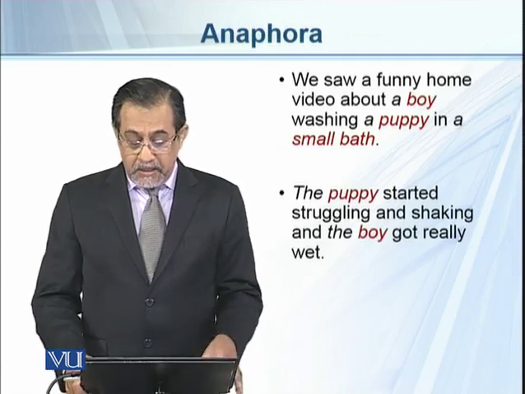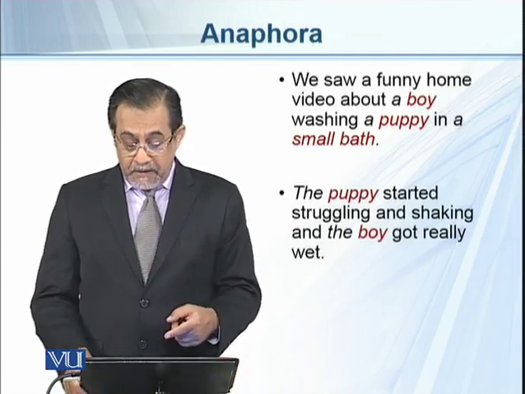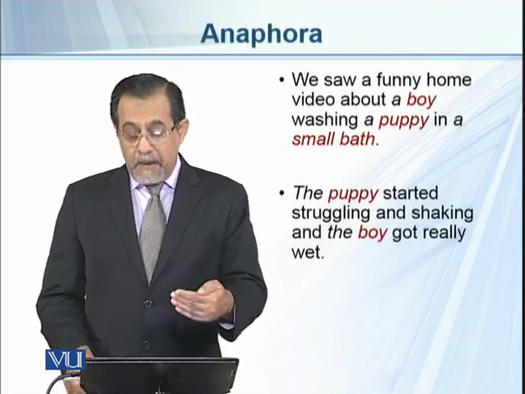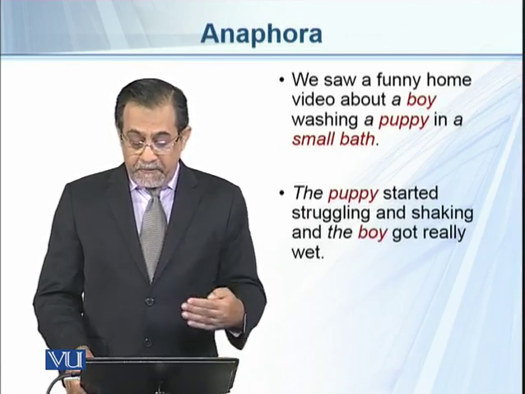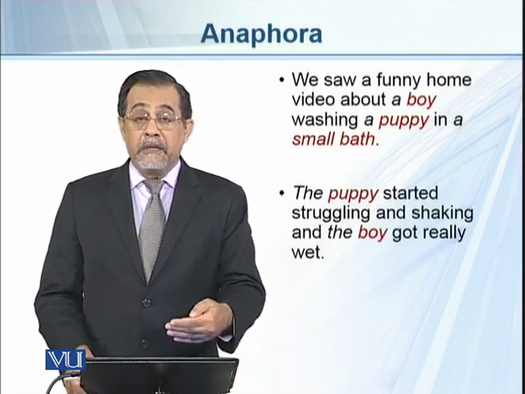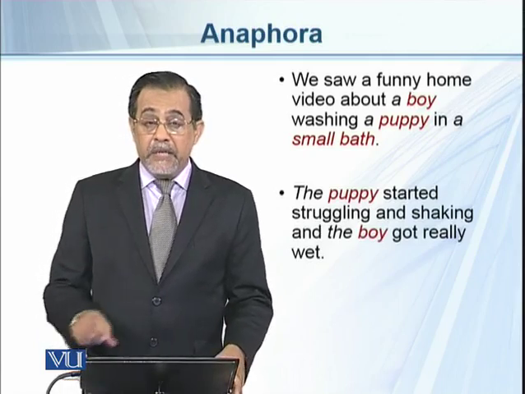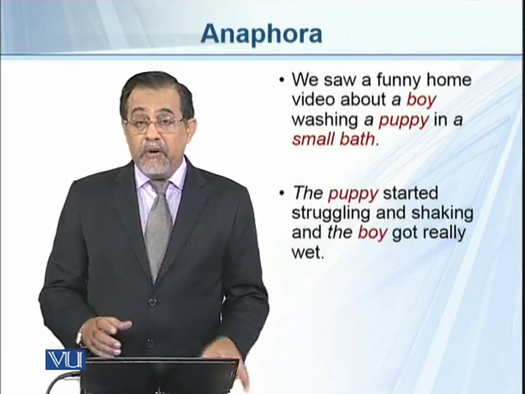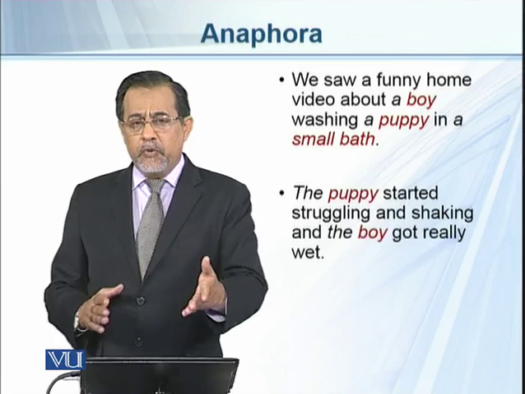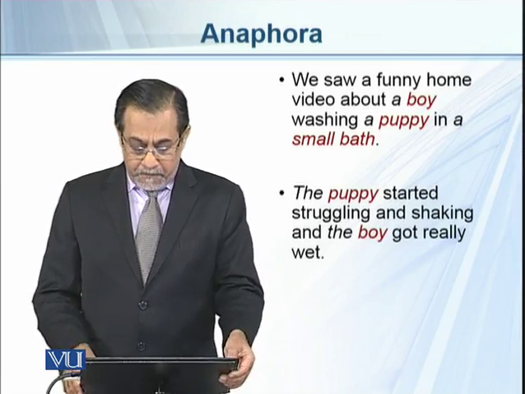So in this second sentence, the puppy refers to the previous puppy that was introduced in the first sentence as a puppy, and the boy refers to the boy who was previously mentioned as a boy. So here we have replaced them with the phrase, and now the puppy and the boy are specific, and they are referring to the previously mentioned boy and the dog.